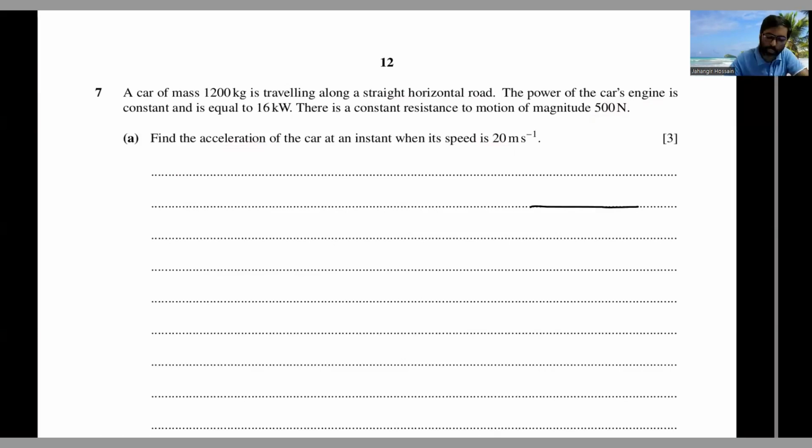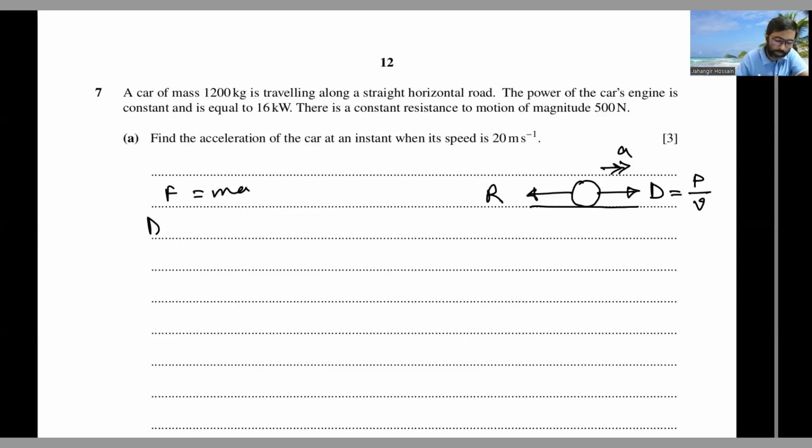While it is moving along a straight horizontal road, what are the forces on it along the direction of motion? The driving force provided by the engine of the car, and there is resistance, so there is acceleration. Driving force is equal to power provided by the engine divided by speed. Applying Newton's second law, D minus R equals m a.